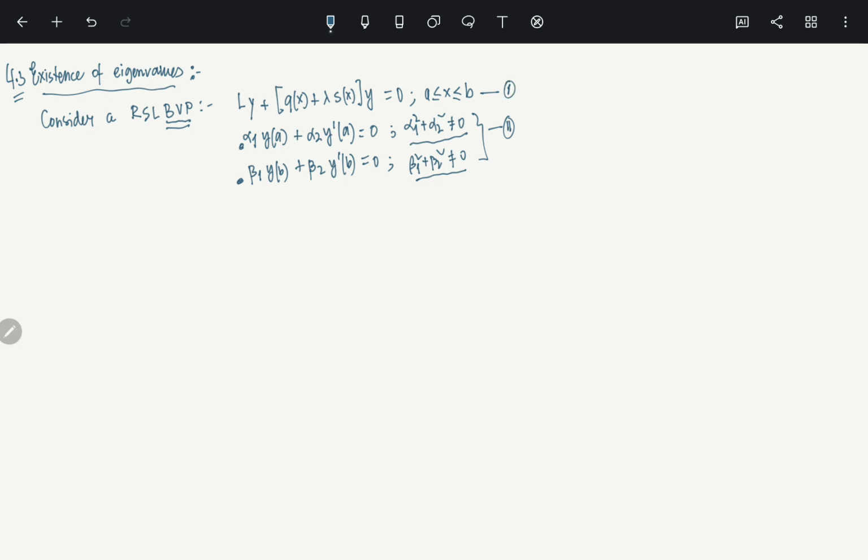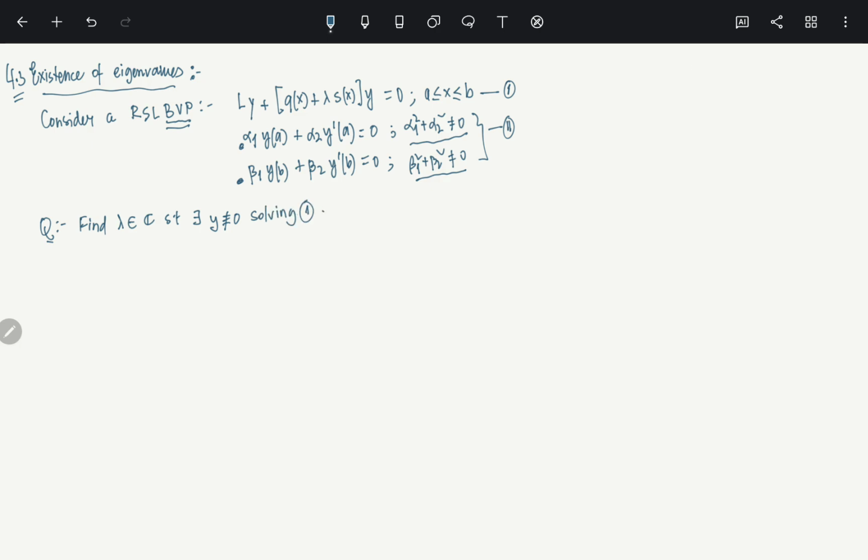Now we were talking about eigenvalues. The question was to find lambda in C such that there exists a non-trivial y solving 1.